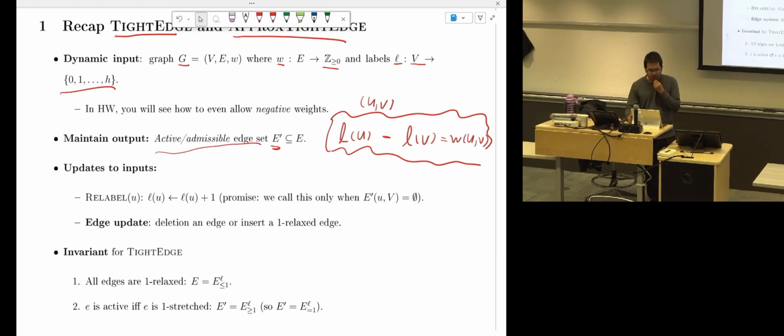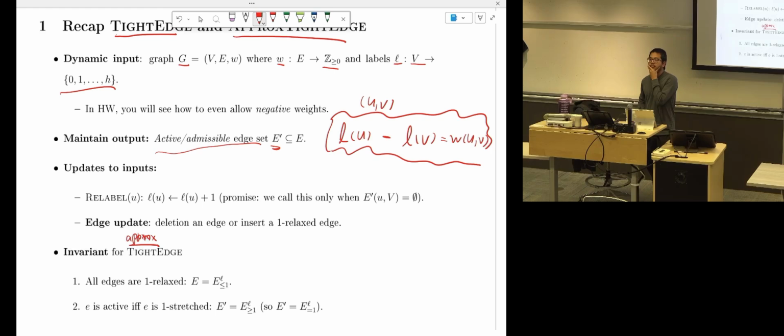Can you recall what's the invariant for the approximate tight edge data structure? How do we relax this? We allow some leniency in the stretch. So we guarantee that if an edge is active, it's at least 1 minus epsilon stretched.